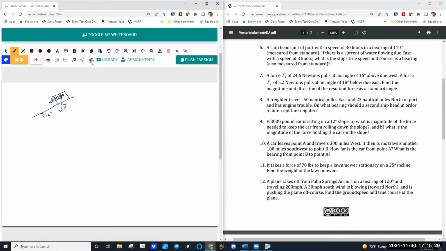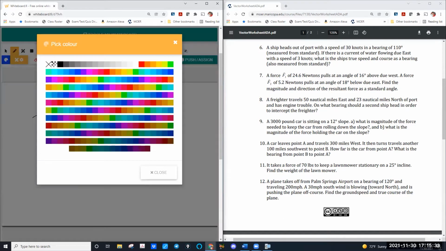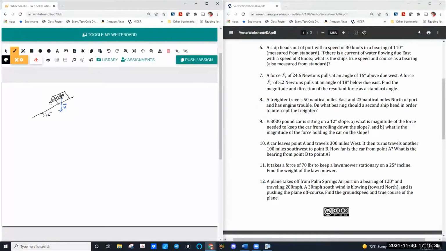Where we're going to get the right triangle is we can think of this 650 as a component of the weight. So the weight has 2 vectors: one that points in the direction of motion, which is the 650 pounds, and one that points perpendicular, which is this one here that we're not trying to find right now. There'll be other problems where you find this component, the force that actually holds it on the ramp.